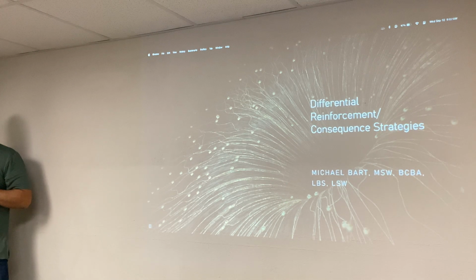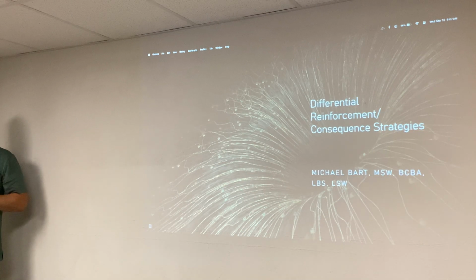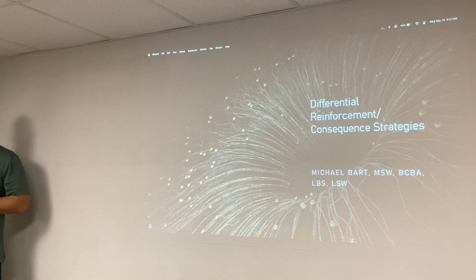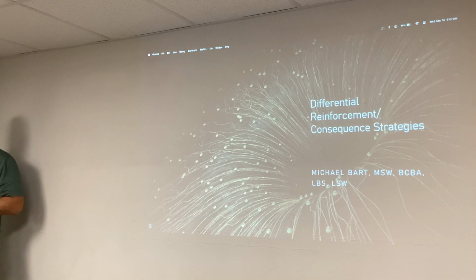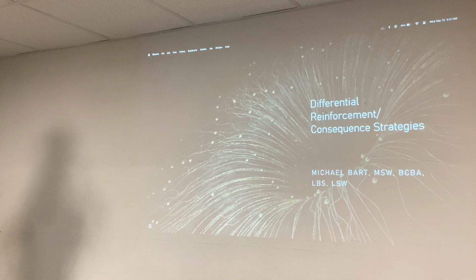Consequence. Say it loud and proud. Consequence strategies. That's where we're going to put these strategies, and they're going to occur after behavior, and we're going to differentially reinforce behaviors. Any questions about differential reinforcement or the first slide or anything to add?